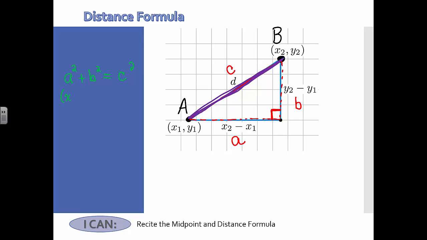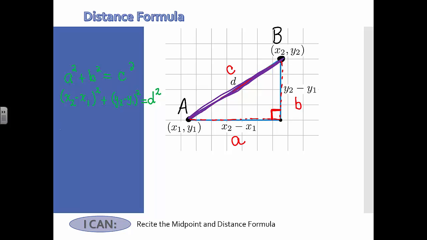So this is just x1 minus x2 quantity squared, or you can do x2 minus x1 quantity squared. It really doesn't matter. Plus the difference between the y values. So y2 minus y1 quantity squared, that gets you the length, equals c squared, or the distance, which is what we're looking for, d squared.